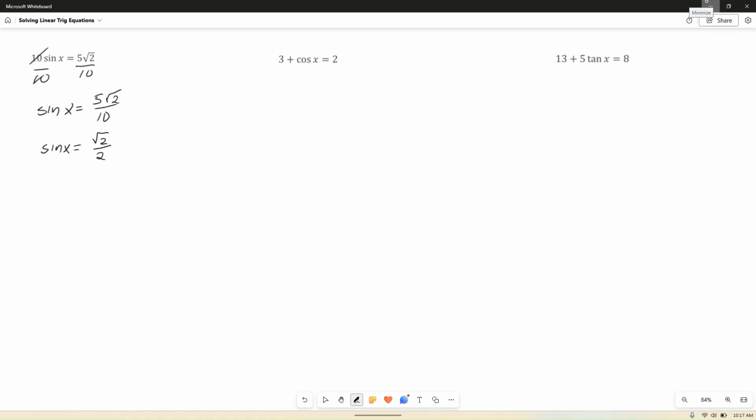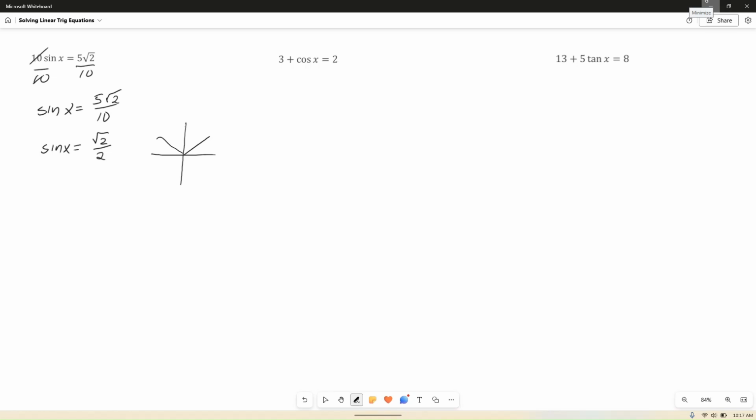First thing to think about is that we know sine is positive in the first and the second quadrants. And we know that the point where the y coordinate is root 2 over 2 is at the 45-degree locations in each quadrant. We want to do this in radians though.